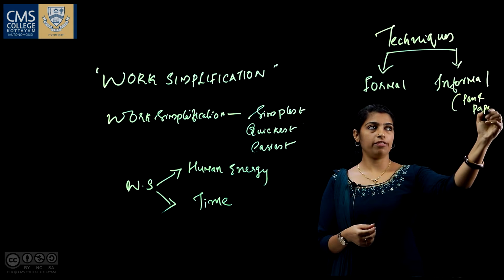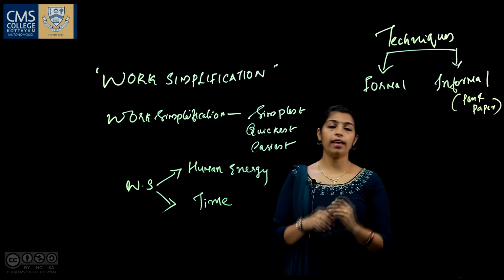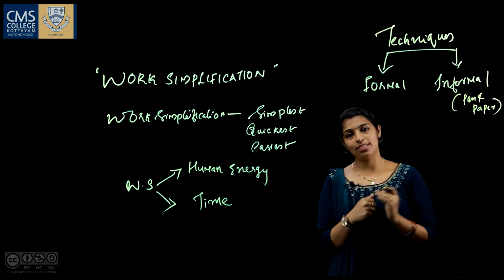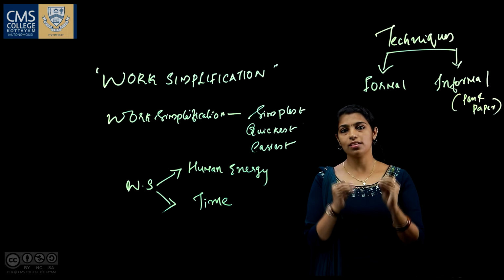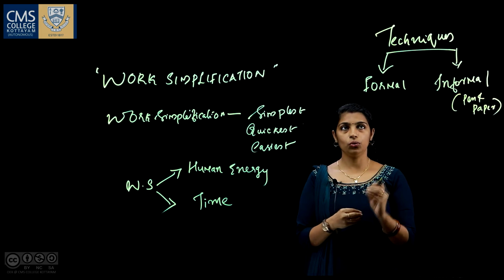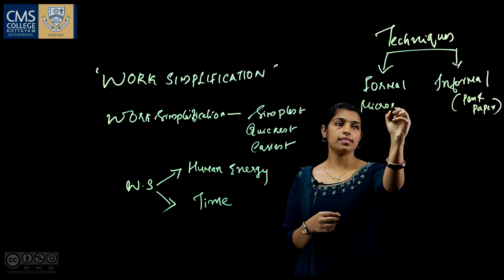There is no specific equipment used in informal techniques. This formal technique and informal technique both are essential to identify the work, to do it in the most simplest and easier method.